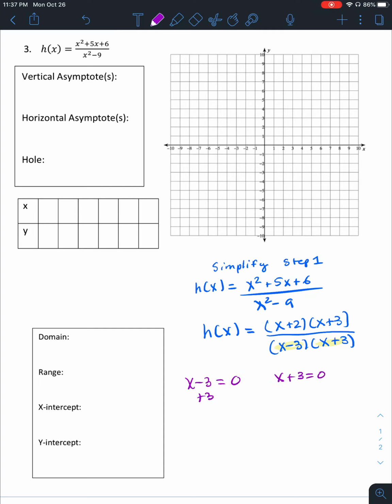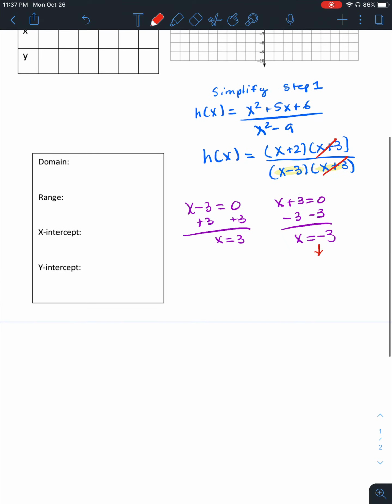Normally, these are called vertical asymptotes, because vertical asymptotes are defined as x values that make the function undefined. However, something weird happens at x plus 3 because you're able to divide it out. Whenever you're able to divide it out, this is no longer a vertical asymptote. This is going to be called a hole. So a hole occurs at x equals negative 3.